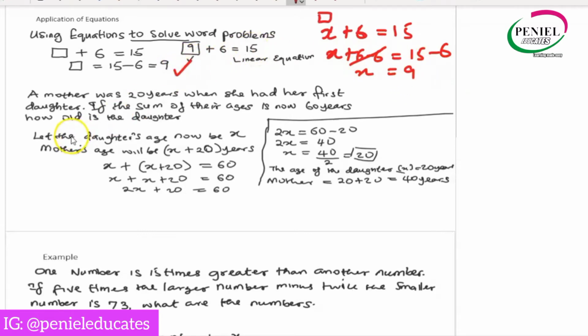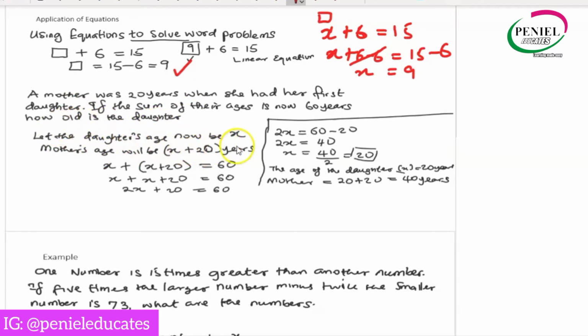So let us look at this particular one that says a mother was 20 years when she had her first daughter. If the sum of their ages is now 60 years, how old is the daughter? Let the daughter's age now be x.